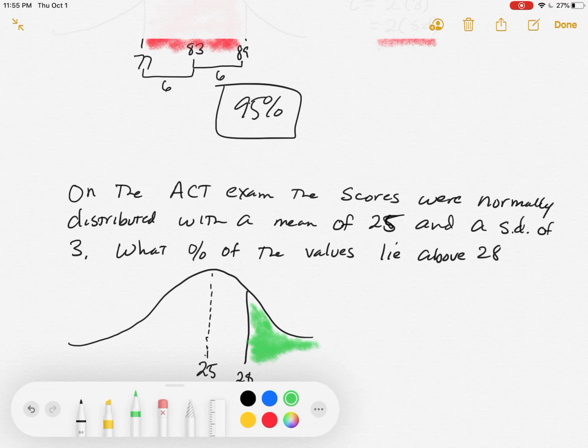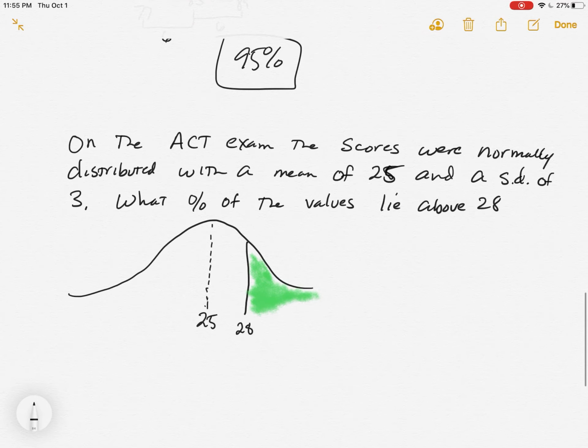Well, let's first of all figure out how far away 28 and 25 are. The pure distance between there is 3, which is 1 of the standard deviations. So we're 1 standard deviation away. So what do we know? We know within 1 standard deviation of the mean lies 68% of the data, with the leftover 32 split up.